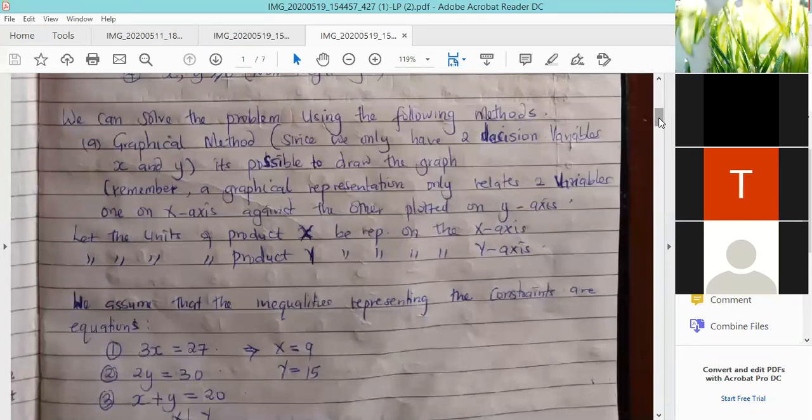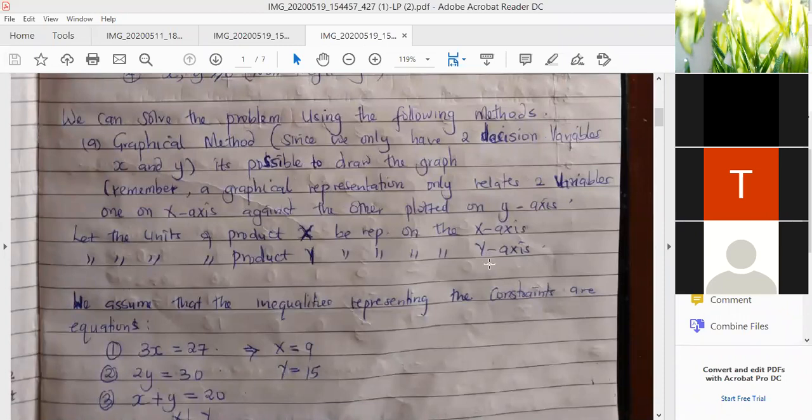So the graphical method, I've stated here, it is possible for us to solve this problem using the graph because I only have two variables, one to be plotted on the y and another on the x-axis. I've stated, let the x units be plotted on the x-axis and those of the y be plotted on the y-axis.